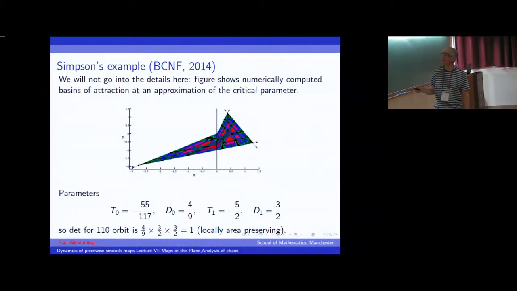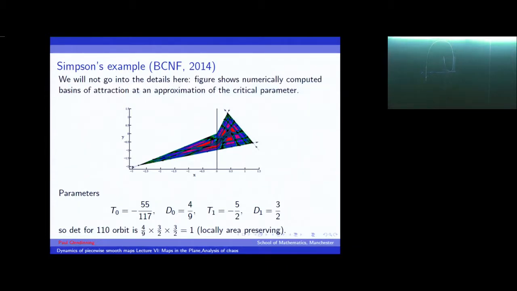The stability of these three points is quite interesting because although they're saddles, it's area preserving locally: the determinant of the third iterate of the map here is 1. One of the principles I hope you're starting to see is that none of the things we're talking about happen on their own, and none are isolated phenomena.